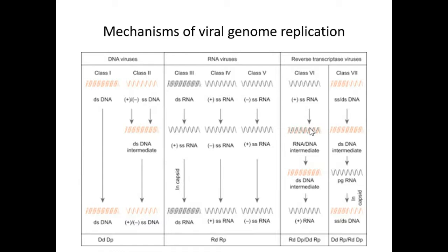Then RNase H, the enzyme, degrades the RNA, leaving the DNA. From that DNA you synthesize a second strand to make double-stranded DNA, and from there you generate the positive RNA. That's the retrovirus, an example of the overview of viral genome replication mechanisms.